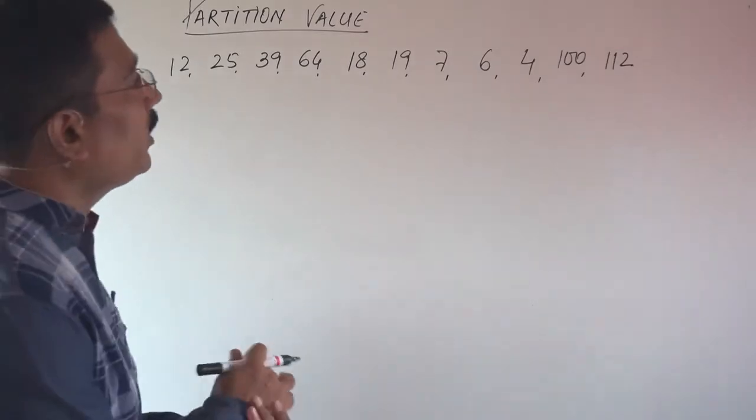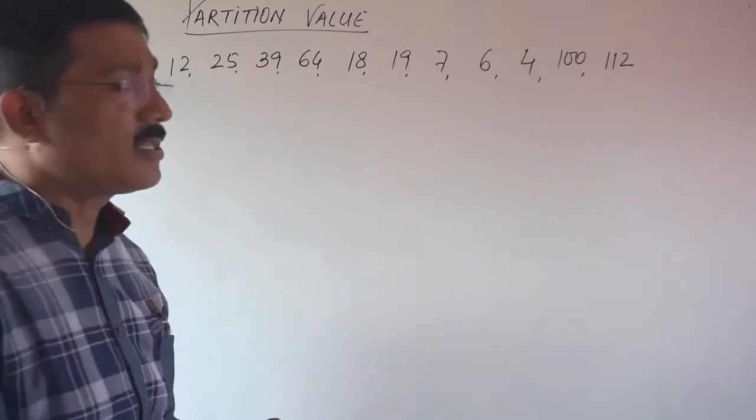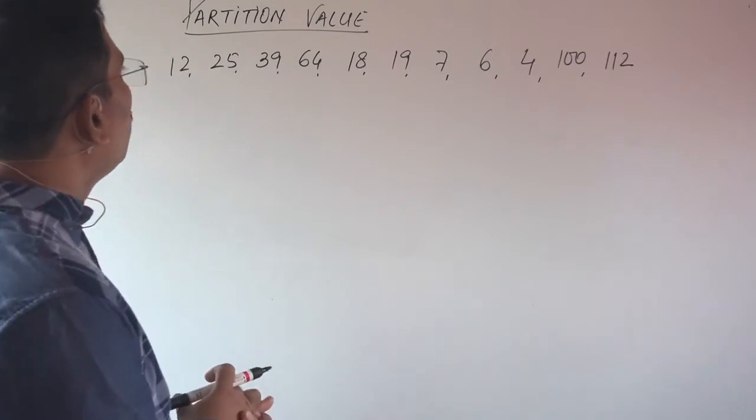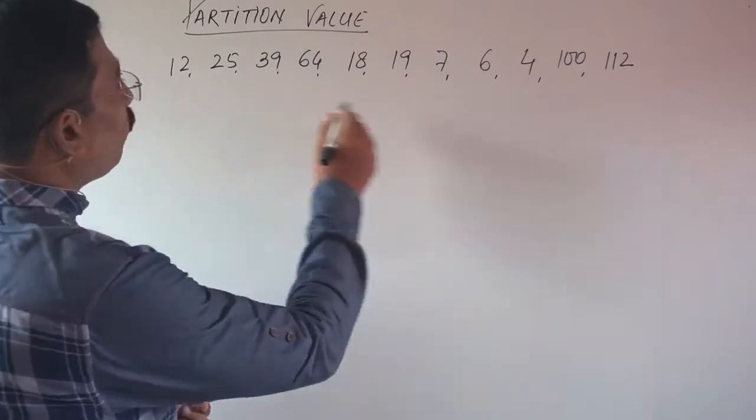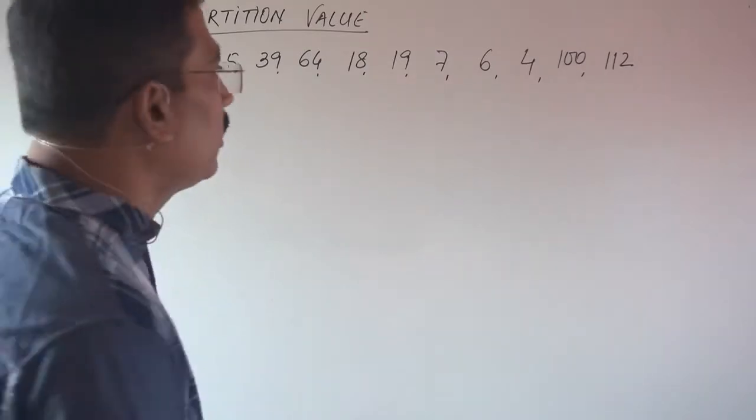Okay students, here I am going to start the first question of partition value, in which you have to calculate the lower quartile and upper quartile. First you will have to arrange the data in ascending order.